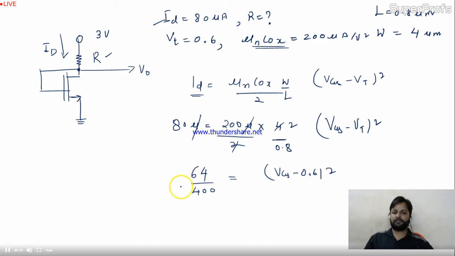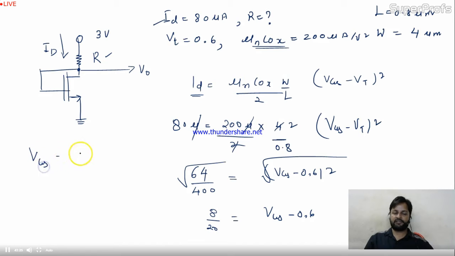You need to take under root both sides. So here it will be 8 by 20 equal to VGS minus 0.6. Is it okay? So VGS is equal to 8 by 20 plus 0.6. So this will be 0.4 plus 0.6, 1 volt. Now VGS is 1 volt.